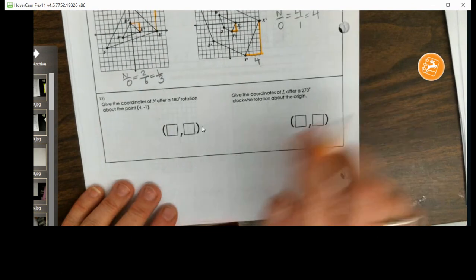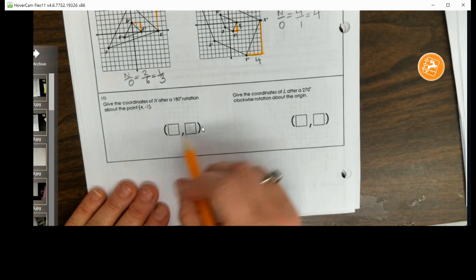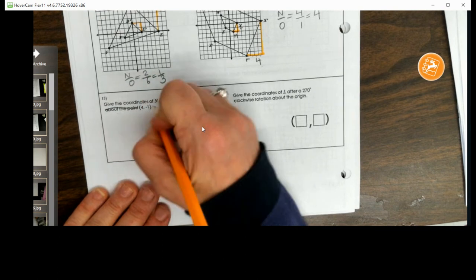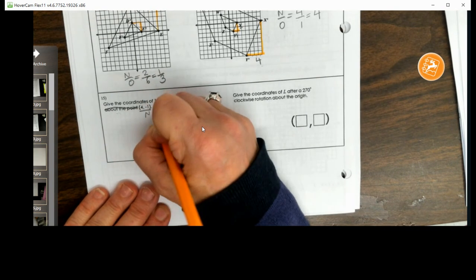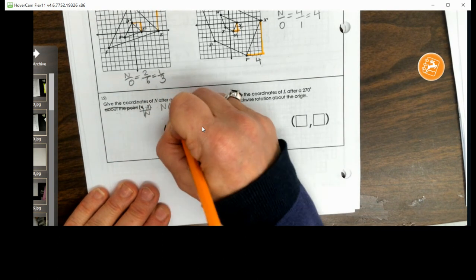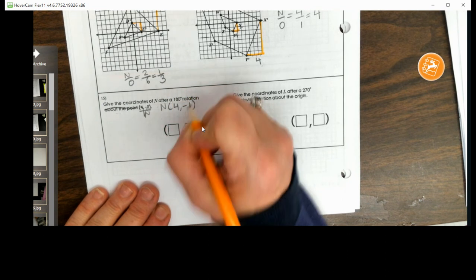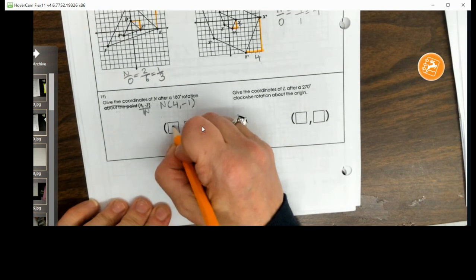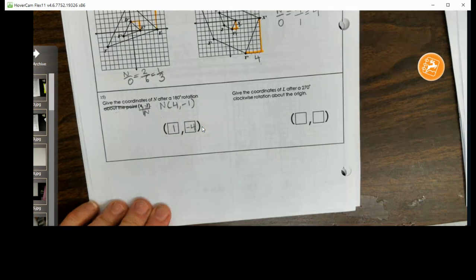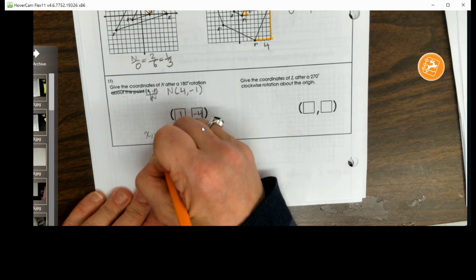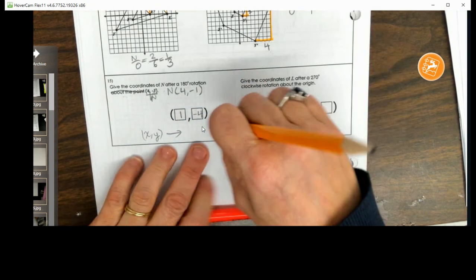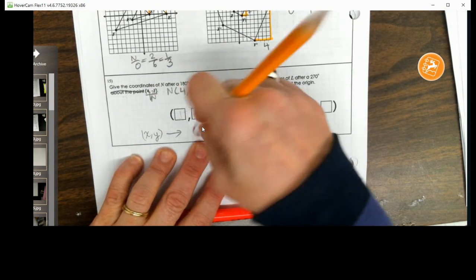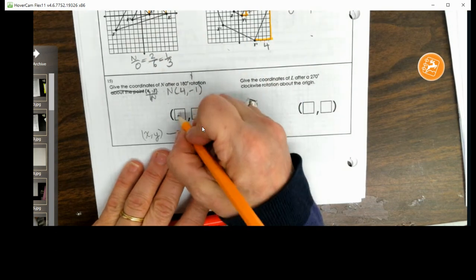Moving on to 15, give the coordinates of N. I'm going to say N is 4, negative 1. After a 180-degree rotation, the rule is that x, y becomes negative x, negative y. With a 180-degree rotation, the numbers stay, just the signs change.